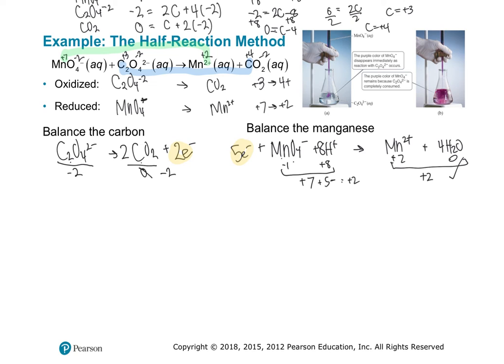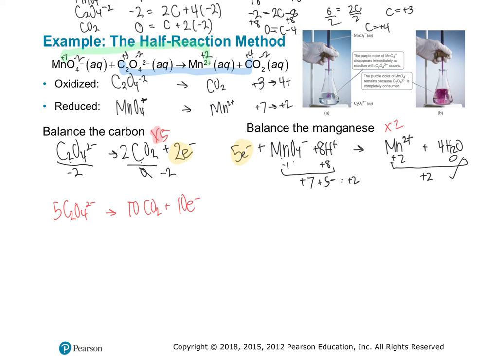So the first number that they both go into is 10. So I'm going to rewrite it, multiply my carbon by 5, the whole reaction, and multiply my manganese by 2. So I get 5 C2O4 oxalate goes to 10 carbon dioxides and 10 electrons.